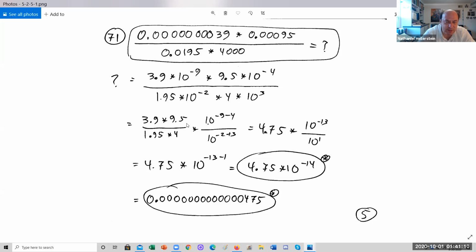After consultation with the calculator, you get 4.75 times this ratio. Here we subtract the exponents, negative 13 minus 1, that's negative 14. So you get 4.75 times 10 to the negative 14. That's in scientific notation. To write it in standard notation, I write the 475 and then write 14 zeros in front, 0.00000.